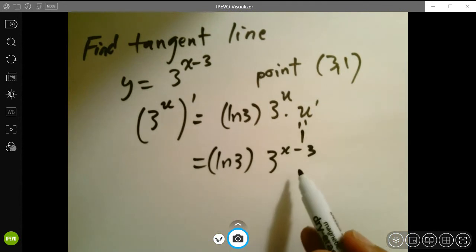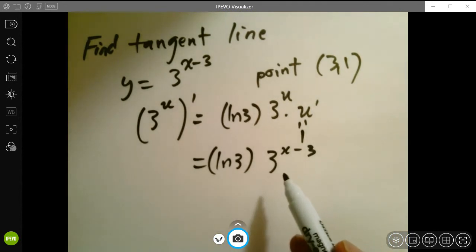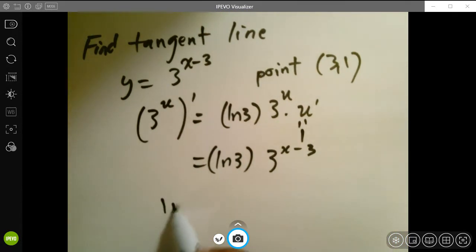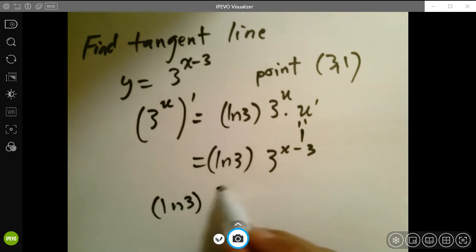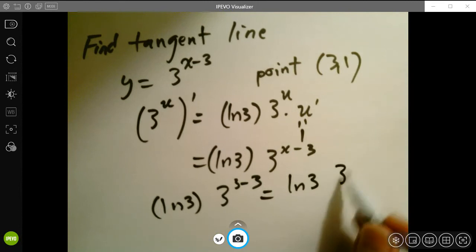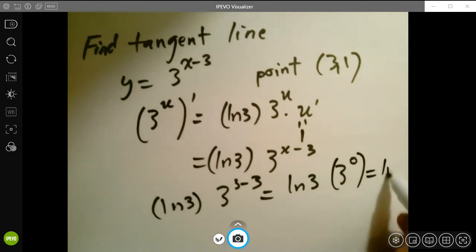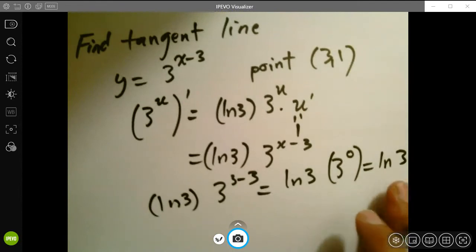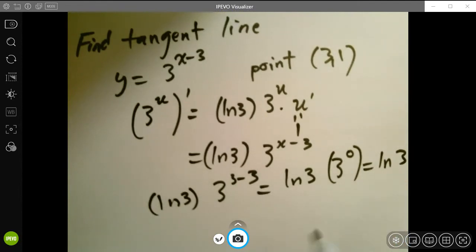Now, if we plug in 3, I will get ln of 3 times 3 to the 3 minus 3, which is ln of 3 times 3 to the power 0, which is ln of 3. Okay, that's the slope. The slope is the derivative, so the slope will be ln of 3.